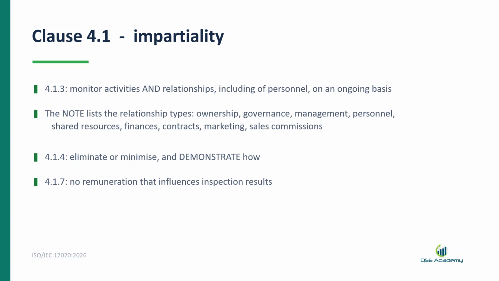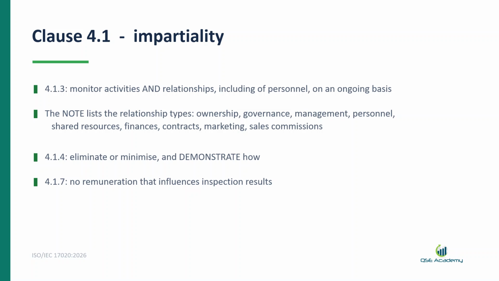The note then lists what counts as a relationship: ownership, governance, management, personnel, shared resources, finances, contracts, marketing including branding and sponsoring, and the payment of sales commissions for referring new clients. That is a wide net, and the note is careful to add that such relationships do not necessarily present a threat.